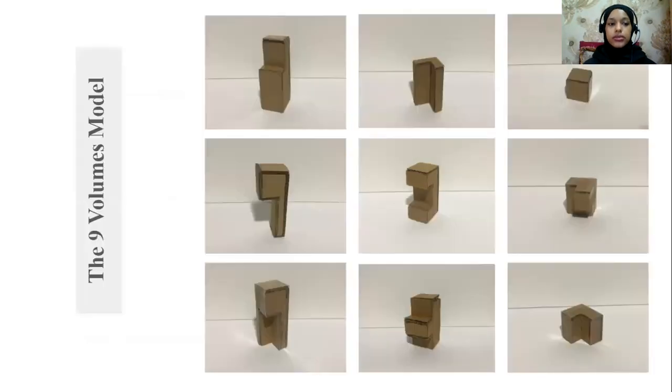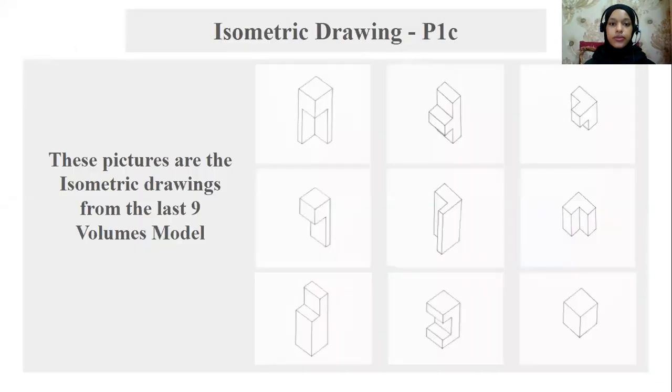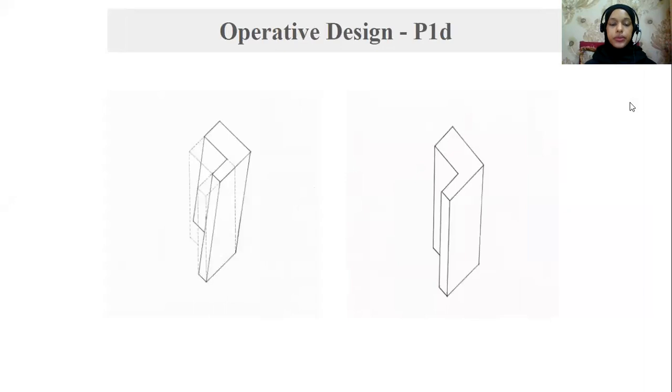The 9 volumes model, as you can see in the pictures, uses the elements of points, lines, and planes. These are the isometric drawings or project 1C from the previous volumes, drawing them in an isometric way.